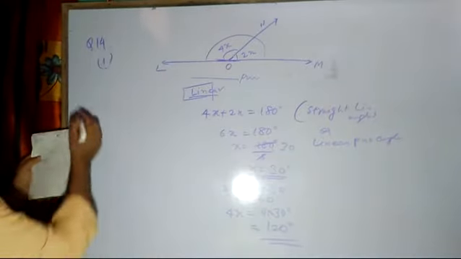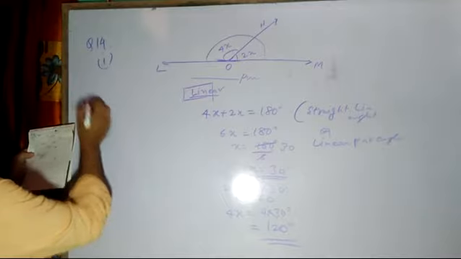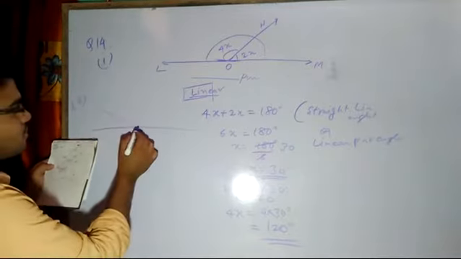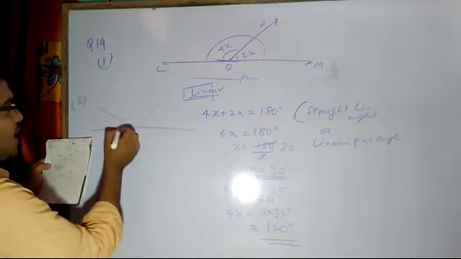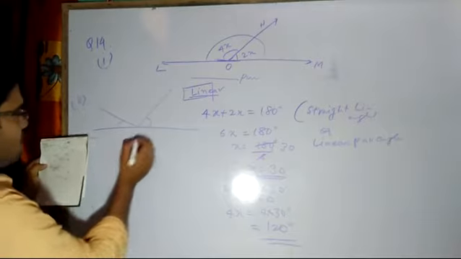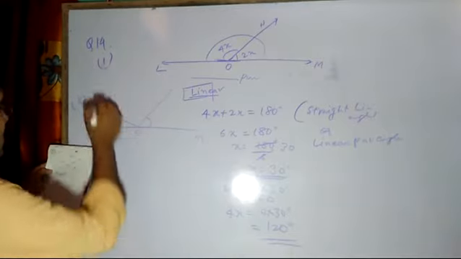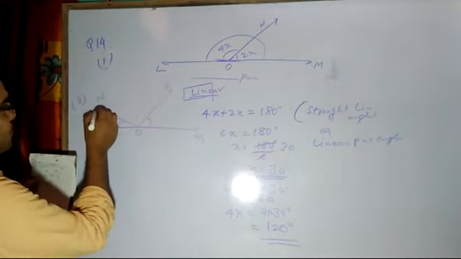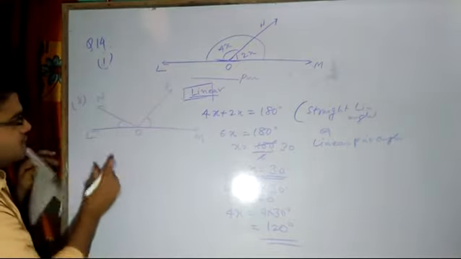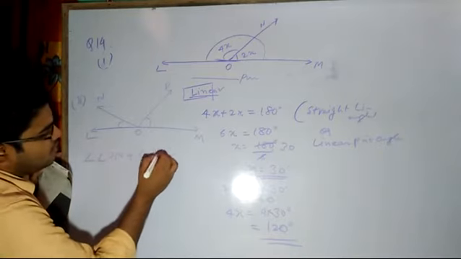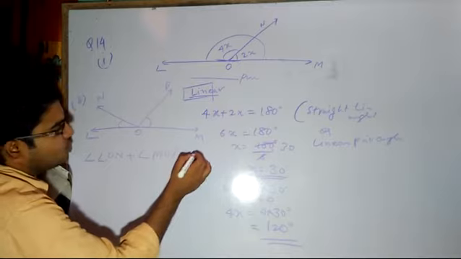In the same way we have subpart 2 also, with the rays L, O, M, and P. One more thing is given: angle LON plus angle MOP is equal to 80 degrees.